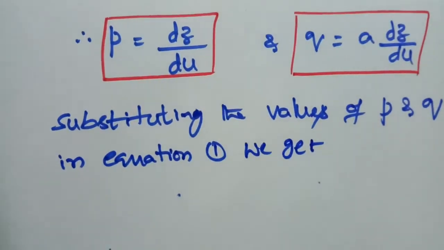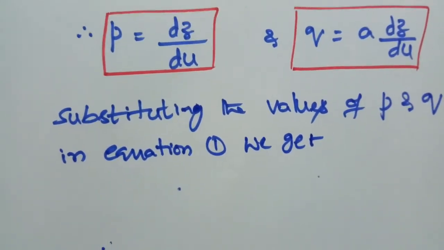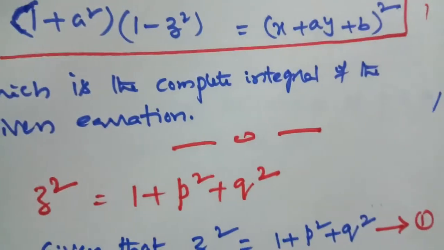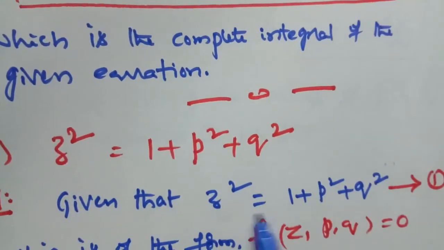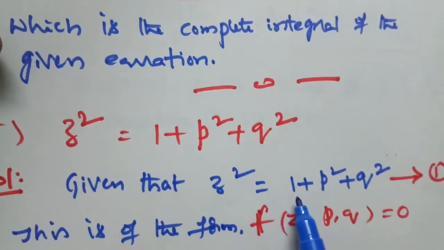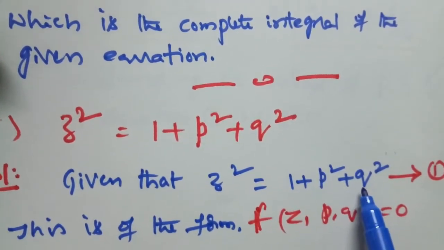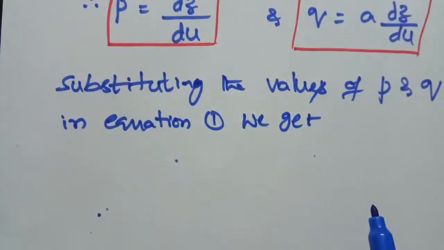We are substituting the values of p and q in equation number 1. Now equation number 1 is z square is equal to 1 plus p square plus q square. Therefore z square is equal to 1 plus dz by du whole square plus a into dz by du whole square.